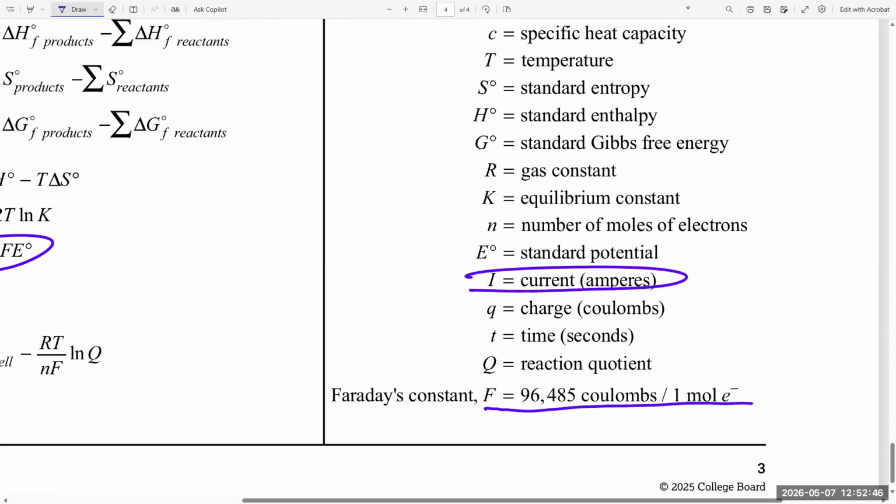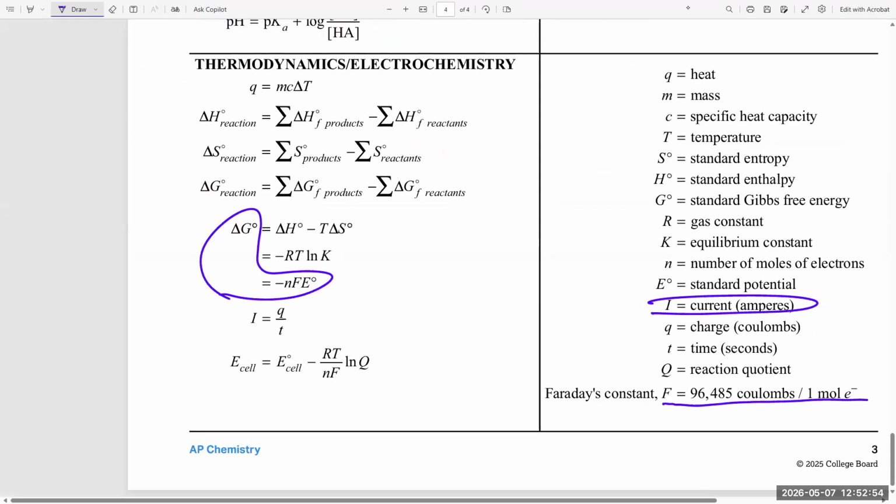So what's the equation? I usually make my kids just memorize Q equals It. But if you didn't memorize it, it's here somewhere. I equals Q over t. Remember that translates to Q is It.